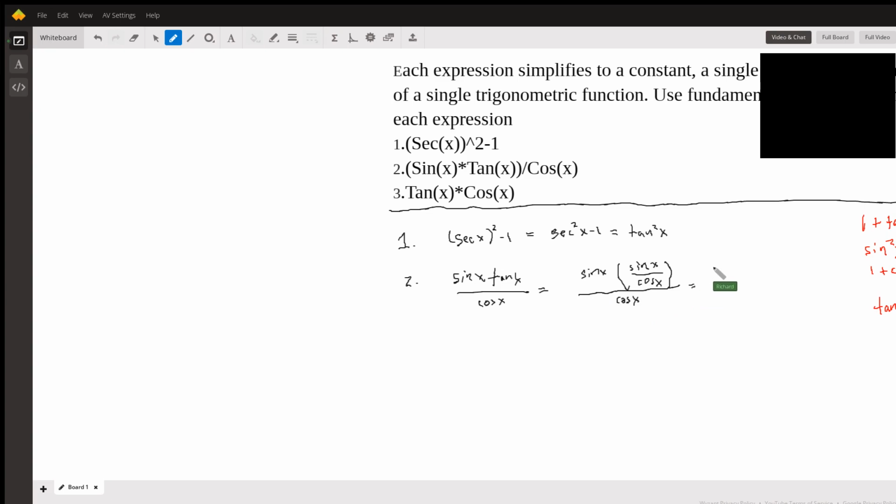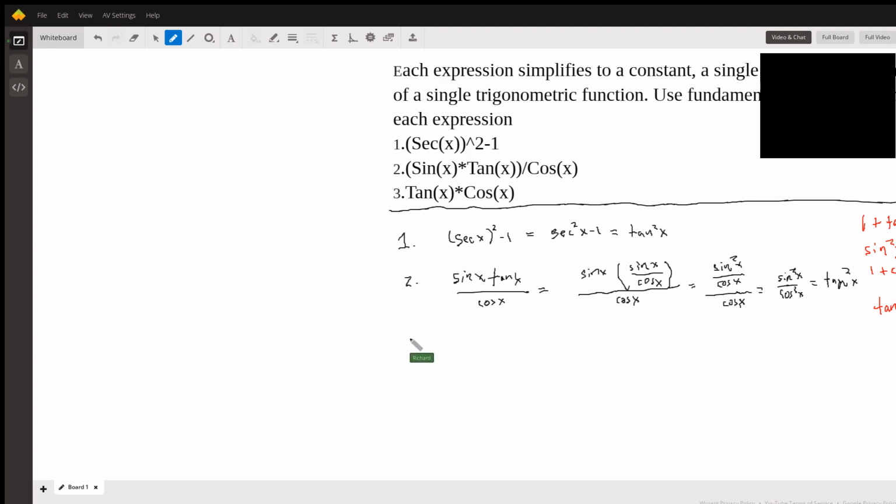So this is going to give you sine squared of x over cosine x over the cosine. And you do a keep change flip here, you're going to get sine squared over cosine squared. And that is the tangent squared. You can see that from just squaring both sides of this identity.